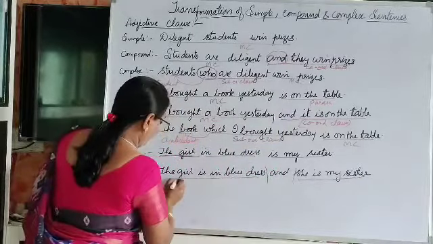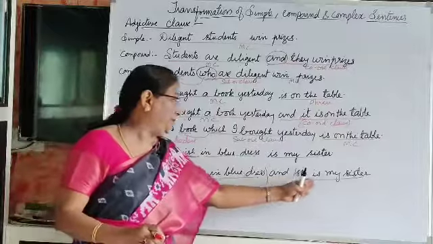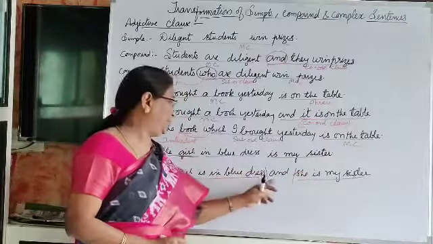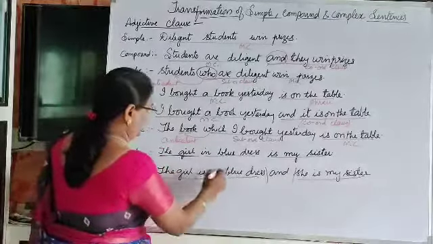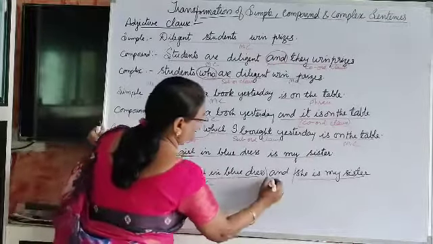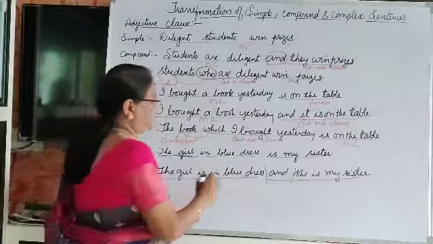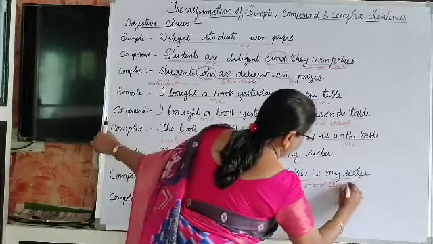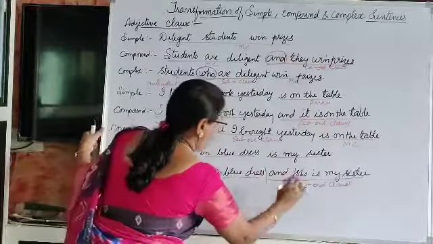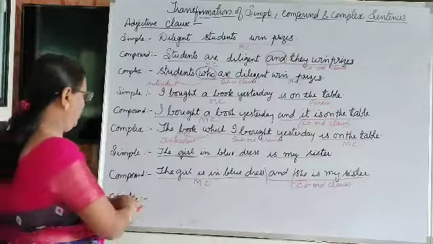Both of them are independent sentences. Now we are joining these two independent sentences by using and. The girl is in blue dress is the main clause, and she is my sister is the coordinate clause.